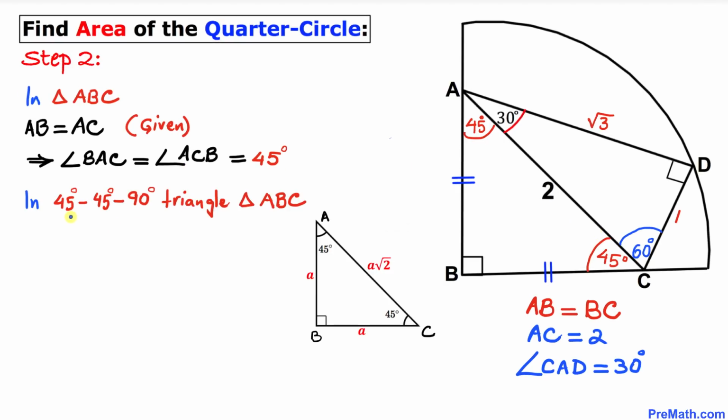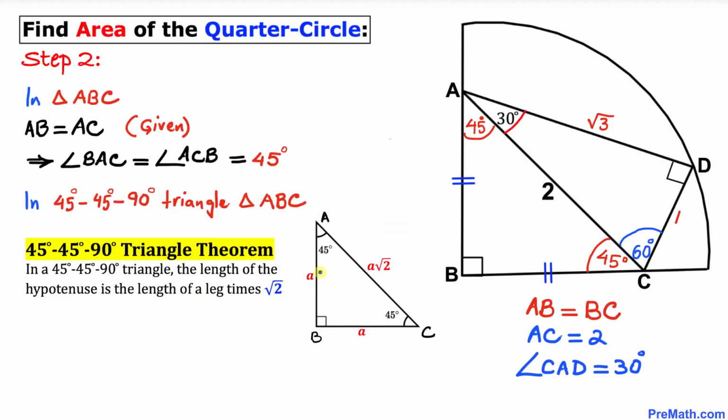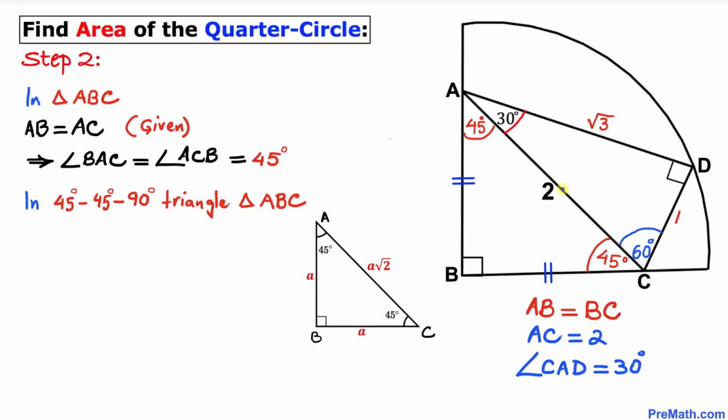Now let's focus on this 45, 45, 90 degree triangle ABC. In such a triangle, the length of the hypotenuse is the length of a leg times square root of 2. In other words, if these side lengths are A, then the hypotenuse is going to be A times square root of 2. In our case, our hypotenuse is 2 units, so I can set this equal to 2 and solve for A.